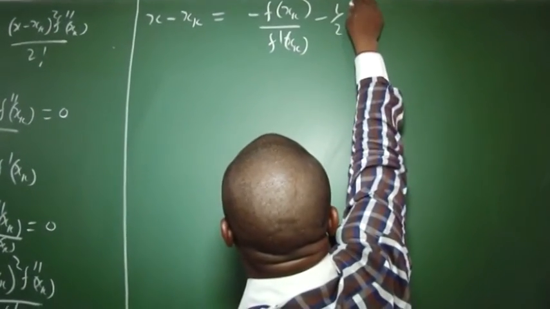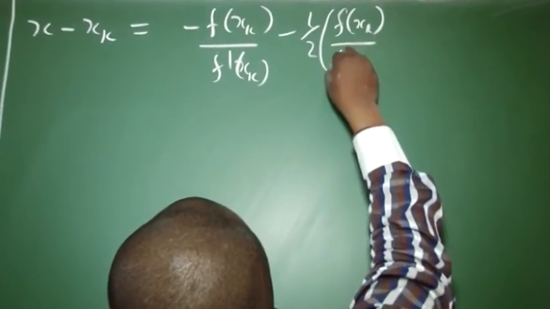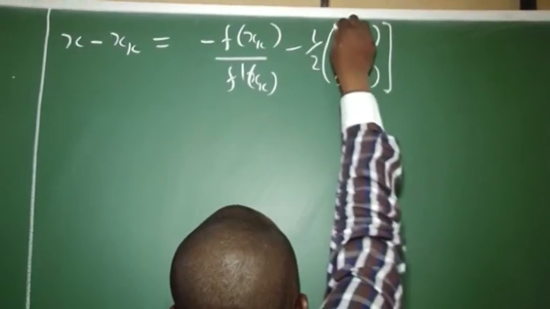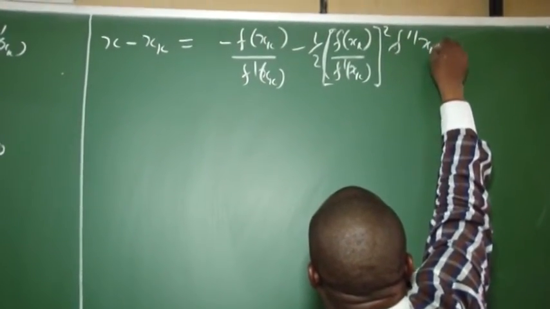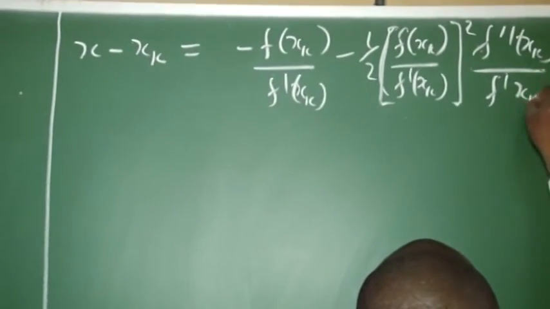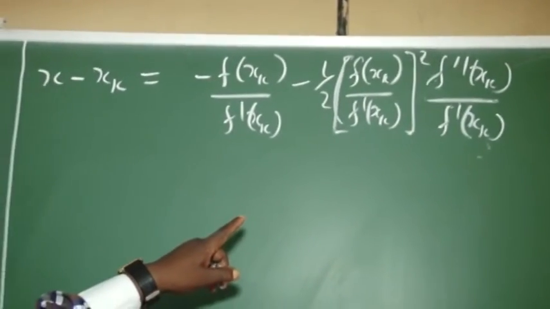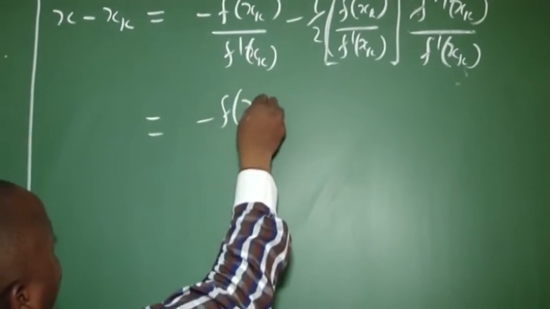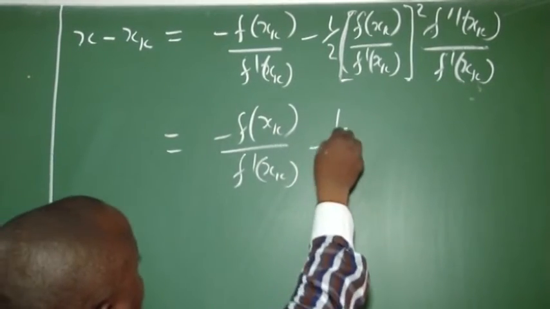Then I have f of sk over f prime of sk square, then f prime prime of sk over f prime of sk. Of course, what it means there is the same as writing minus f of sk over f prime of sk minus 1 over 2.